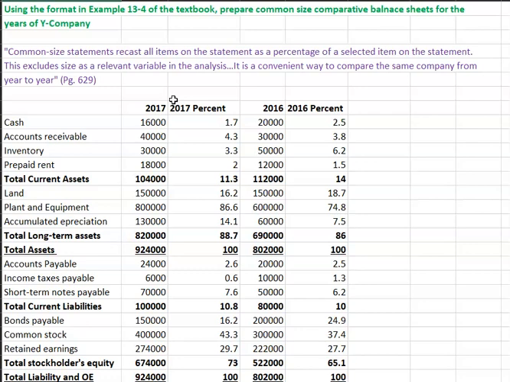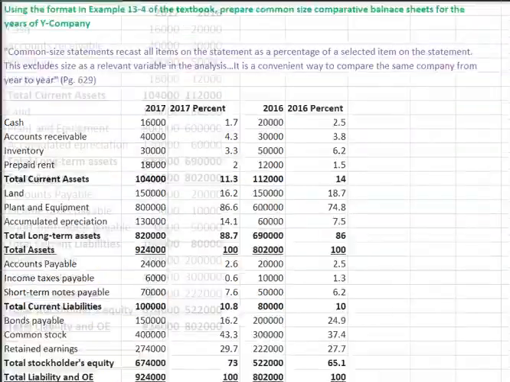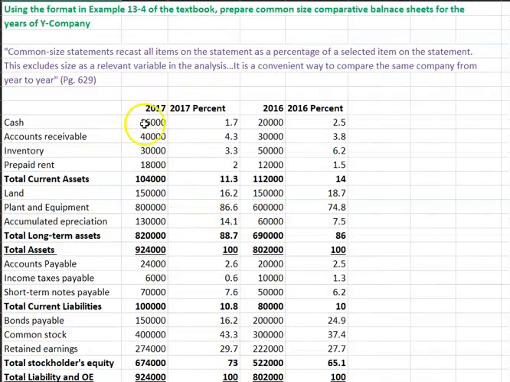So, to break this down, going to the common size statements, with the information provided to us from the given balance sheet, as far as how much money is in each different account, from assets, liabilities, stockholders' equity, and whatnot. We split that up into 2017 and 2016, so same information for every account.